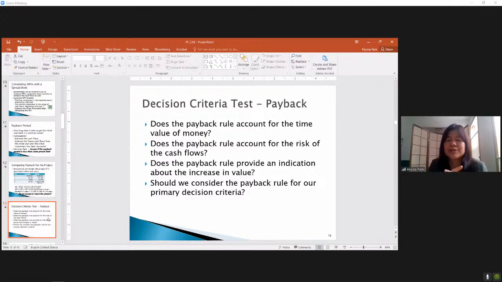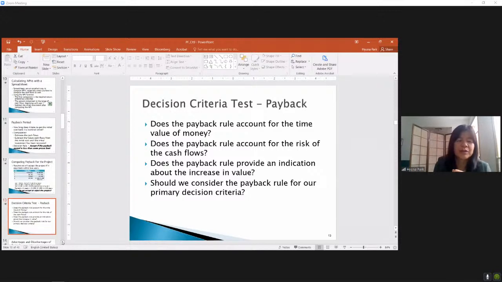Does the payback rule provide an indication about the increase in value, how much money this new project generates for the company? We don't know from the payback calculation. So should we use the payback rule as our primary decision criterion? The answer is definitely no. But as I mentioned before, this kind of simple method has some uses in the real world.